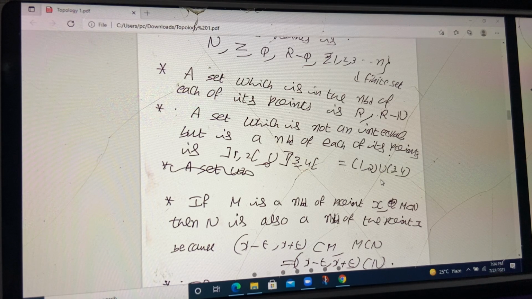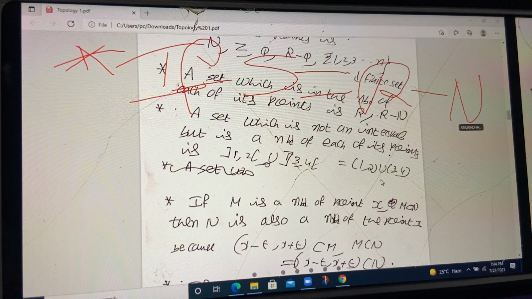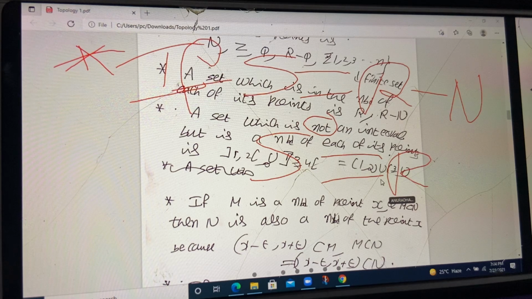Note down this point. If S is equal to R minus N, then S interior equals R minus N. Very important. S interior is R minus N because every point is an interior point.